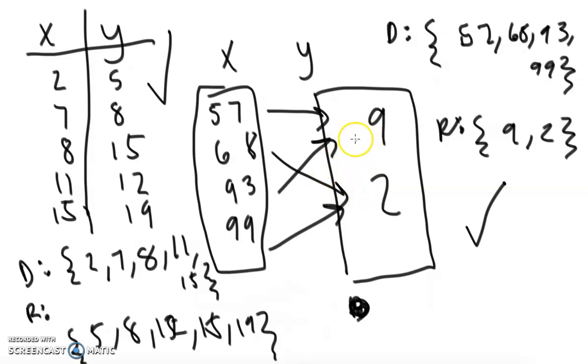But if this 9 went to this 57 and it also went to the 68, wait a second, yes, it still passes. The only way it could not pass is if there was one x value where this 99 went to a 2, but it also went to this 9. Then it would fail.